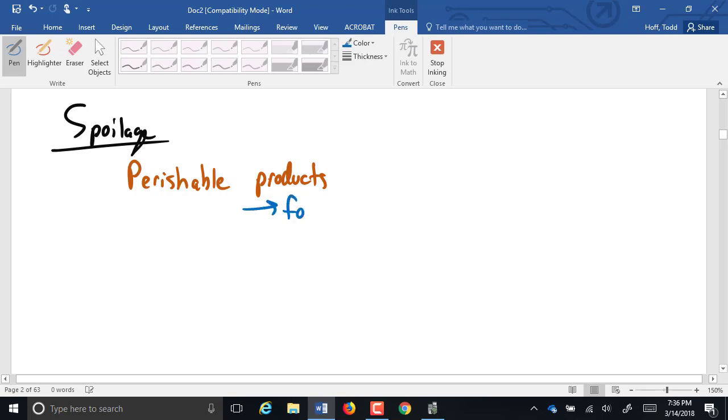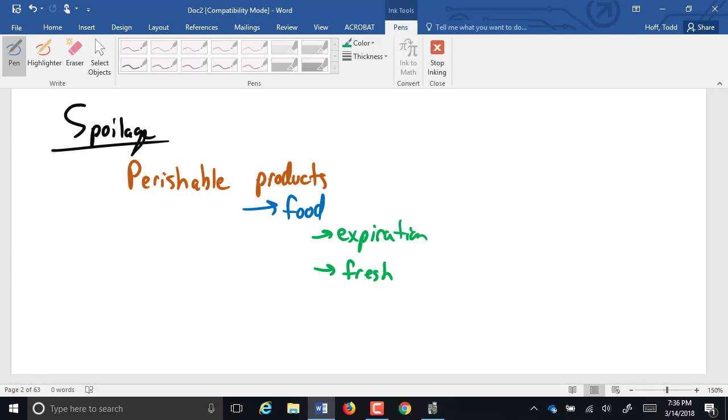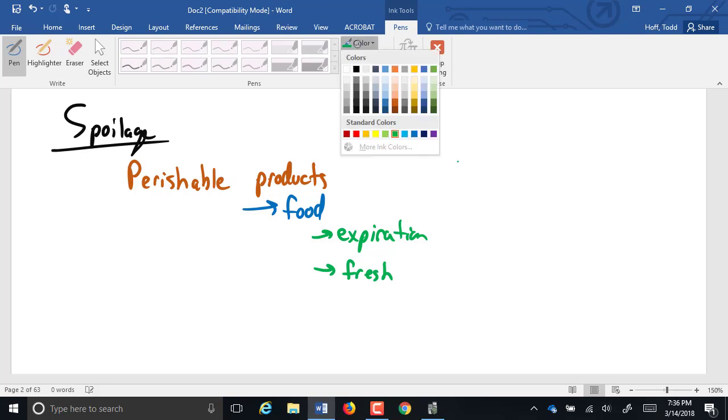This is most often food, and it can take the form of two things: expiration date, like meat, do not sell after a certain date, or a freshness factor. A bakery, even though those donuts are still good tomorrow, they're not going to sell them tomorrow. They are day old. It's just not the same. So they sell them fresh.